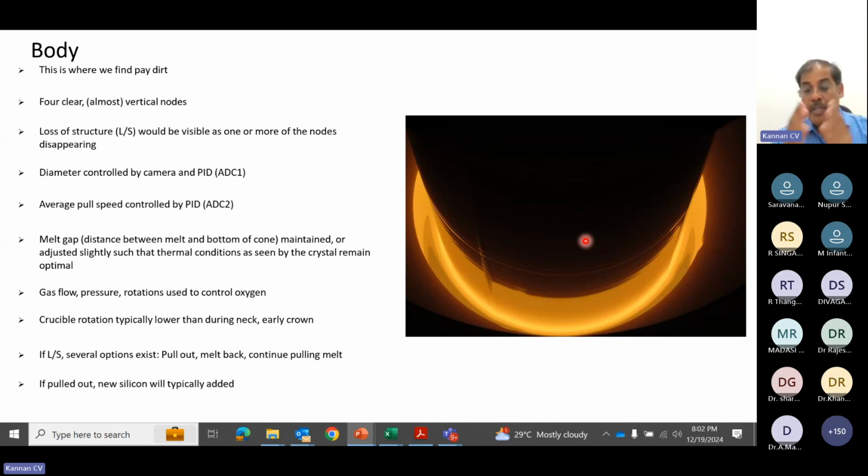Whatever diameter you want, like 200, 250, 270 or 300, depends on the wafer size you want. The maximum the PV industry has achieved so far is 300, whereas in semiconductor, as far as I know, they have grown even 400 diameter crystals. In the PV application, mostly the industry has gone to 300 because there is a limitation.